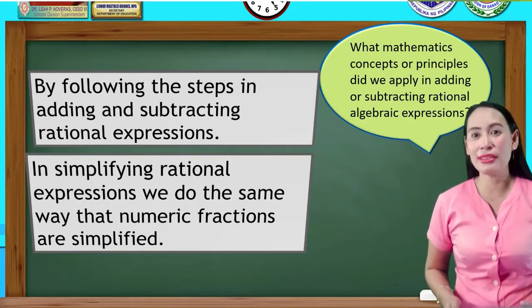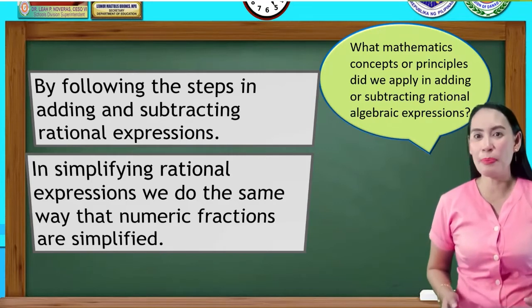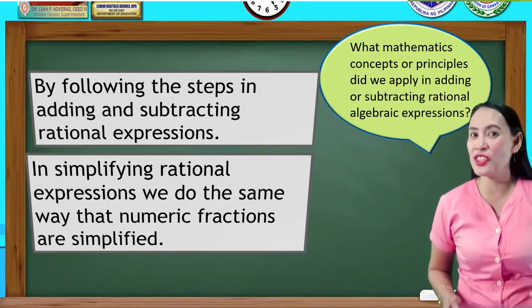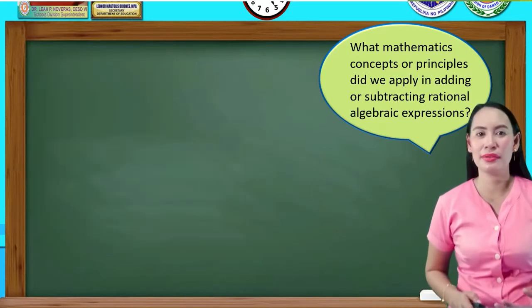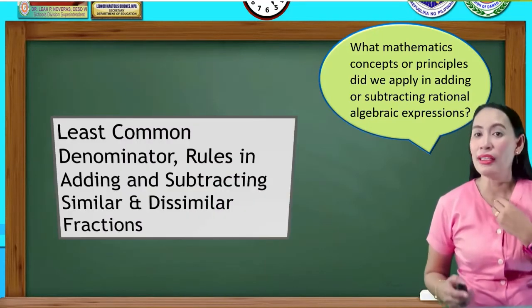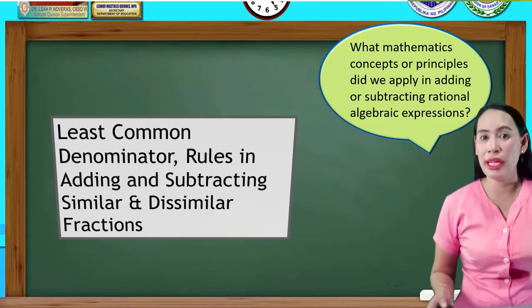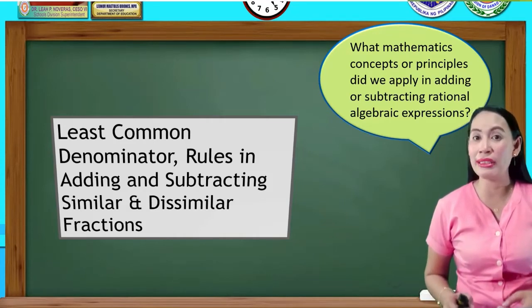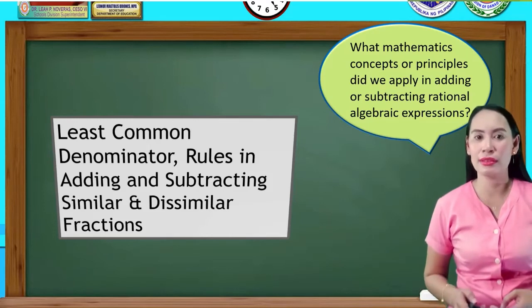What mathematics concepts or principles did we apply in adding or subtracting rational algebraic expressions? We're dealing with the least common denominator, and rules in adding and subtracting similar and dissimilar fractions.